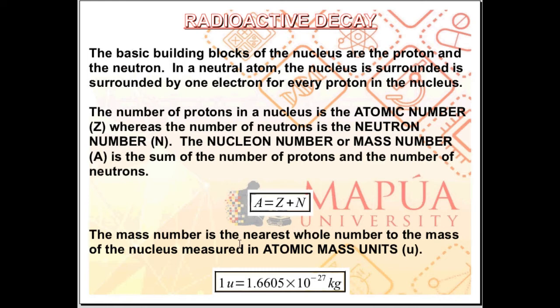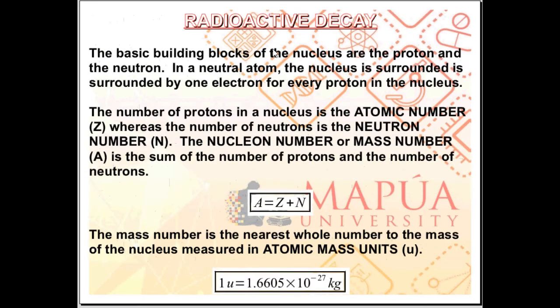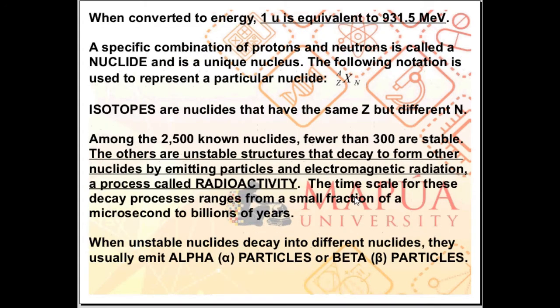U. 1 U is equivalent to 1.6605 times 10 to the negative 27 kilograms. And when converted to energy, 1 U, 1 atomic mass unit, is equivalent to 931.5 mega electron volts.